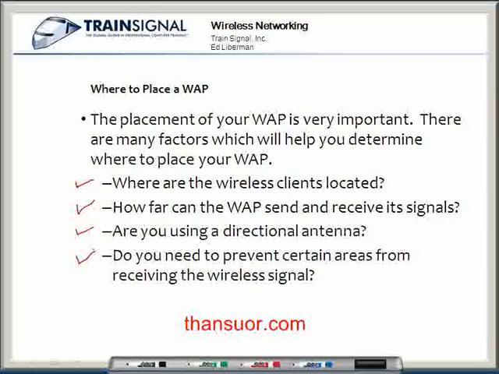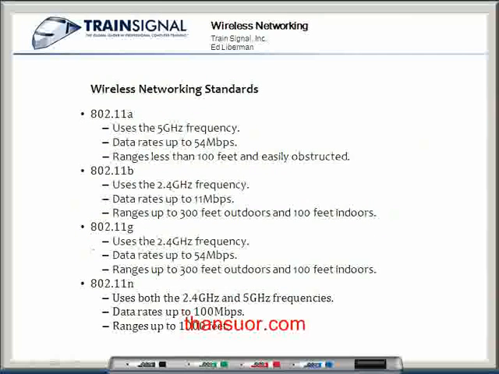All right, so let's take a look at some of our wireless networking standards. I have a list here on the screen which shows 4 different standards, and these are the 4 most common standards that are out there.